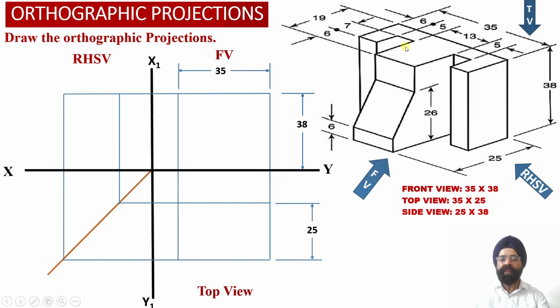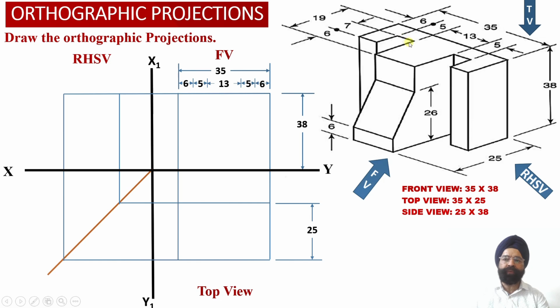Once we divide the solid into multiple elements, we observe that the width of the solid is equal to 35 millimeter, while the widths of the different elements have been provided to us. The width of element number 2, a vertical web perpendicular to the front face of the solid, is 6 millimeter.